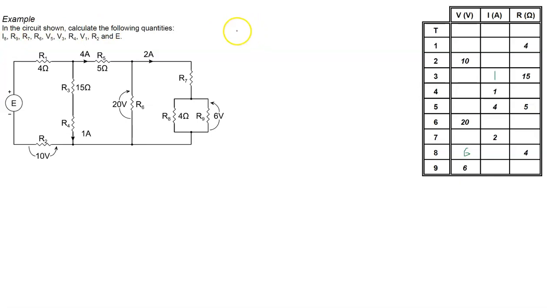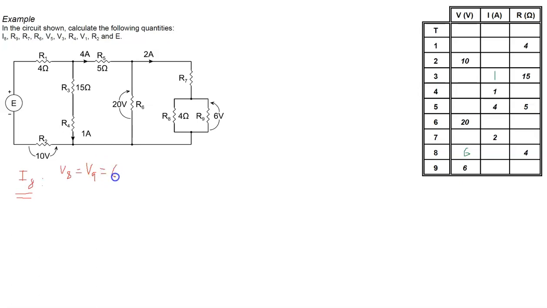Okay, so if I'm going to find the current through resistor 8, well, we already said that parallel rules tell us that if R8 is in parallel with R9, then V8 is equal to V9, and that equals 6 volts.